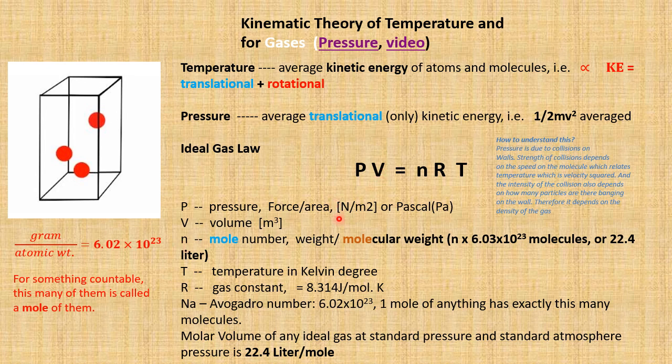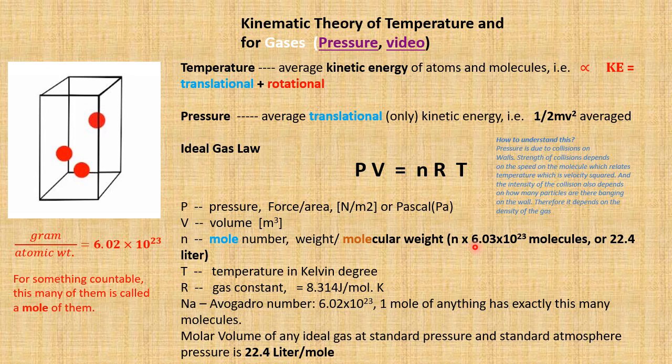And n here is the mole number, which is how many moles. Once again, 1 mole of any molecule has this many particles. It's a lot of molecules, but it's a fixed number. In other words, if you say I have 1 mole of hydrogen atoms, how many of them?